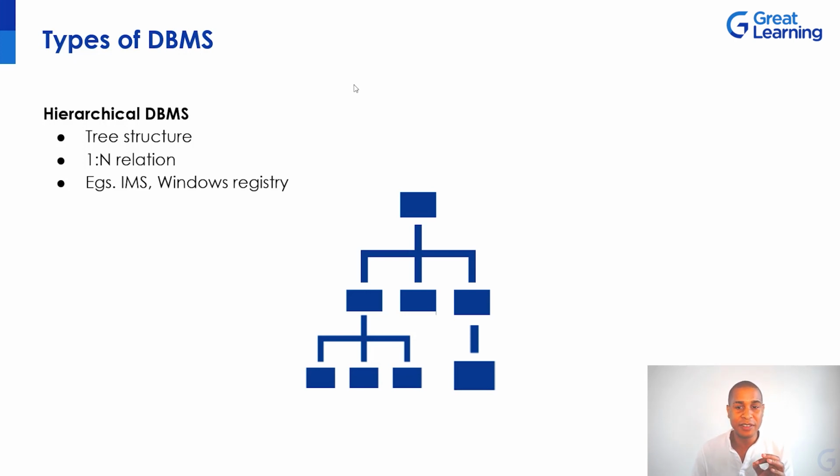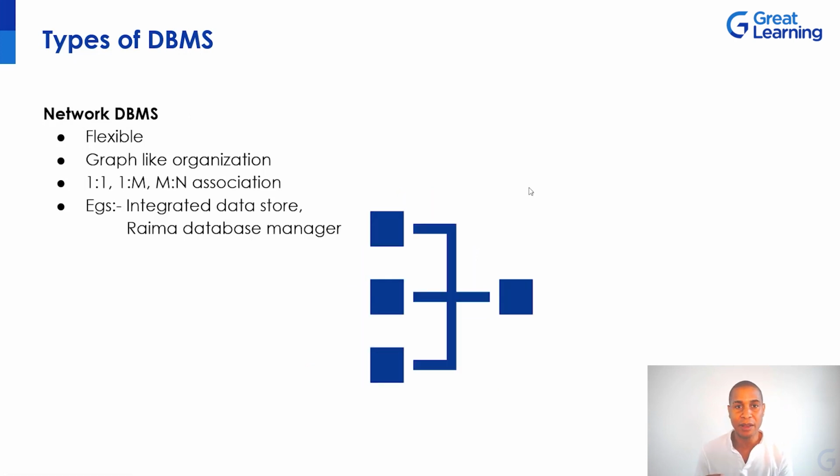We're going to visit the next type of database management system that has some similarities to this, which is the network database management system. The network database management system also has this node-like structure, and you can see how these are connected. It's a very flexible graph-like organization, and you probably heard a little bit about graph databases in reading.